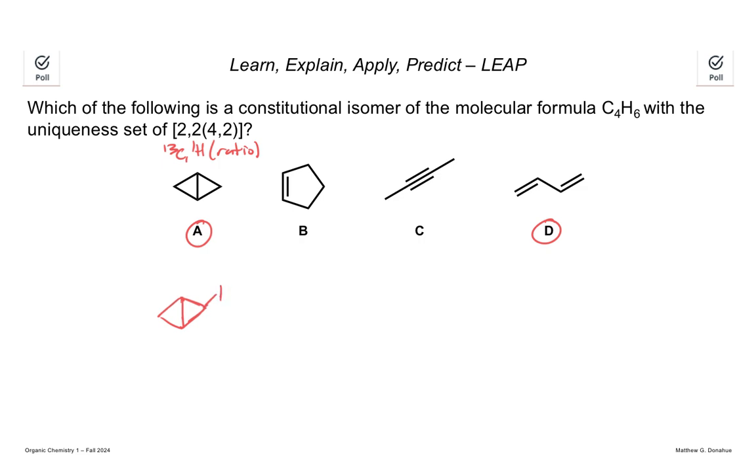So if we draw them out, H, H, H, H, and then H and H. So that's two identicals. Since they're identical, it counts as one. That's 1, 2, 3. So this is a set. That's the 4. And then these are a second set. That's the 2.